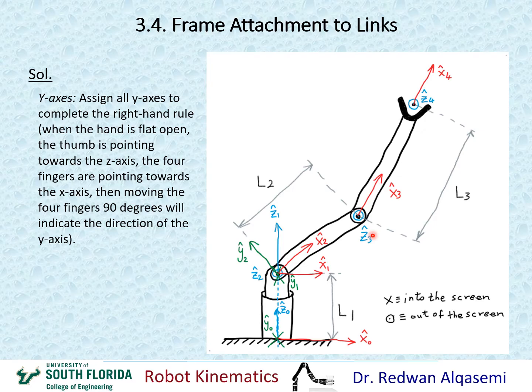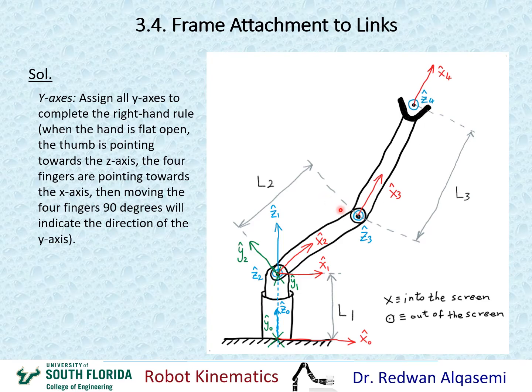Going on to y3, again I'm pointing my thumb in the positive direction of z3, which is coming out of the screen, and then my four fingers towards x3, and now I move my four fingers 90 degrees, which will move into this direction, and that would be my direction for the y-axis.